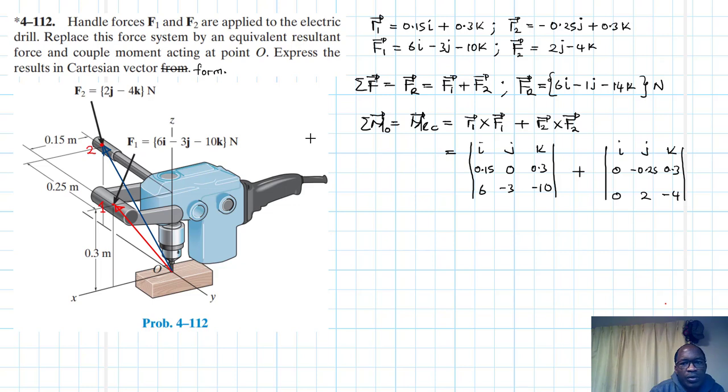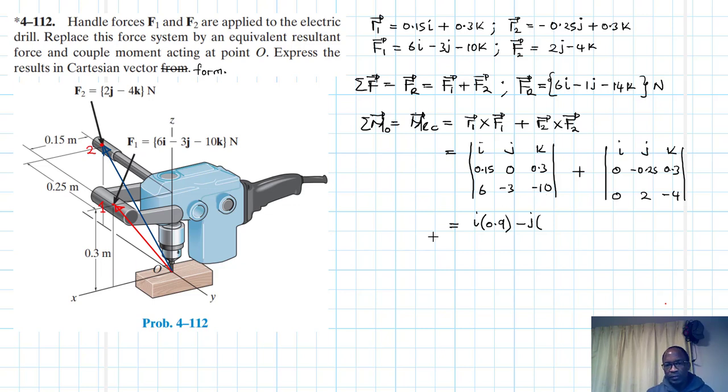Great. So there we go. So we have i. This is 10 minus the other one. This becomes 0.9, right? Then minus j.